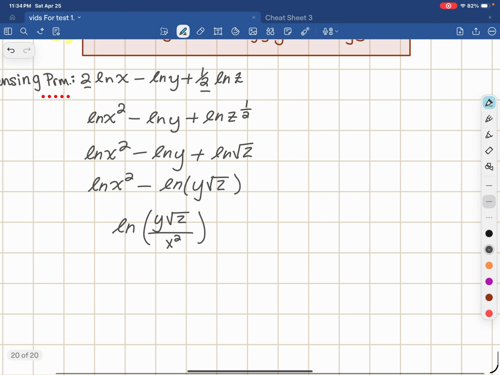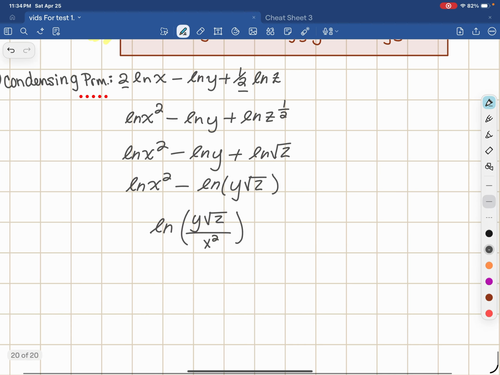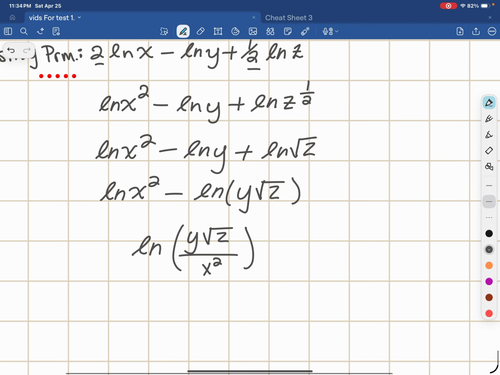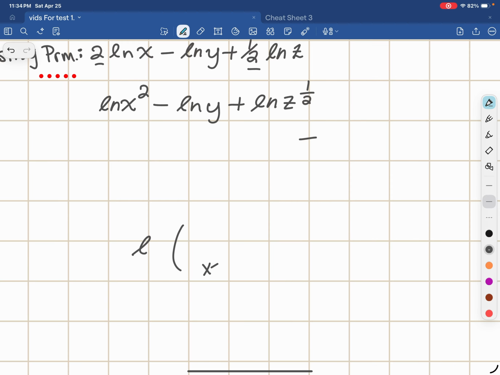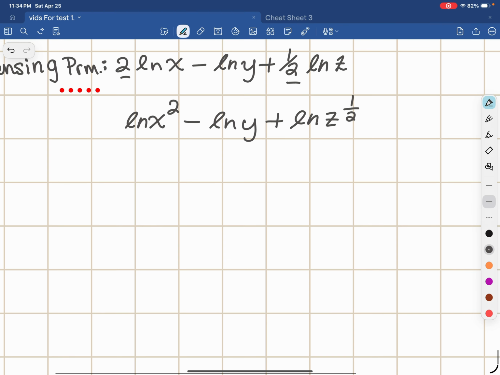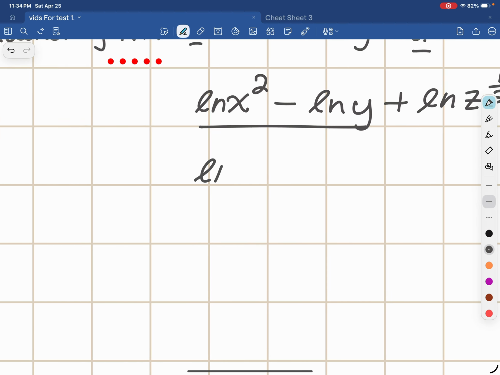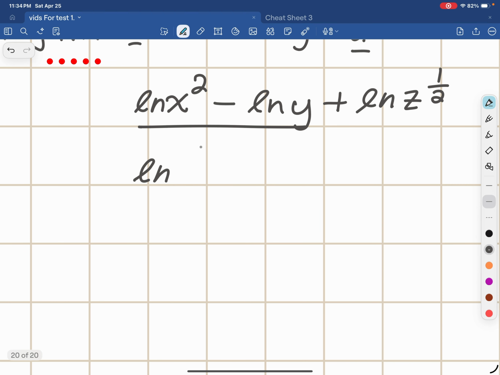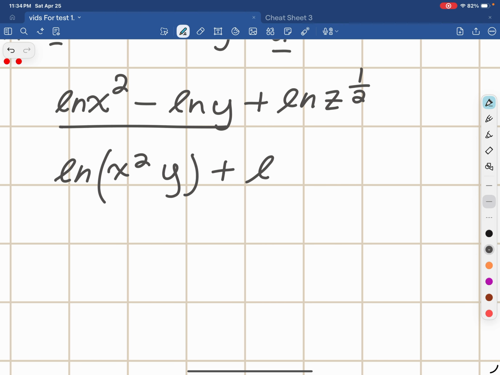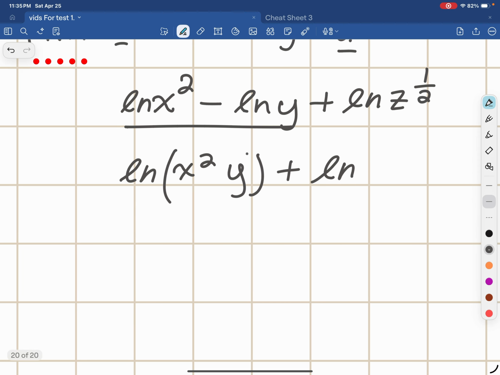Absolutely beautiful. And I think the more correct way, if we wanted to be super critical of what we're doing, we can actually rewrite it again using the same strategy, just to really make sure we get it right. We can write this term together first, right? So then we would end up with ln of x squared times y plus ln, oh, this is minus, excuse me.